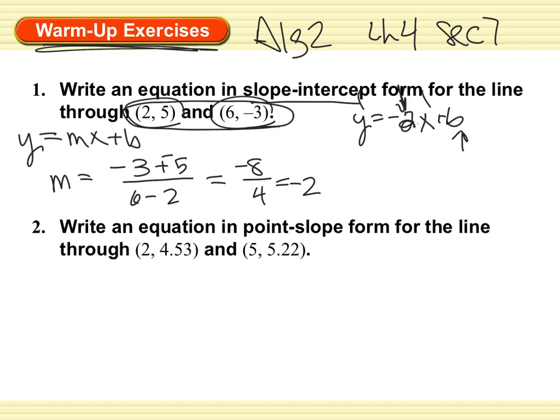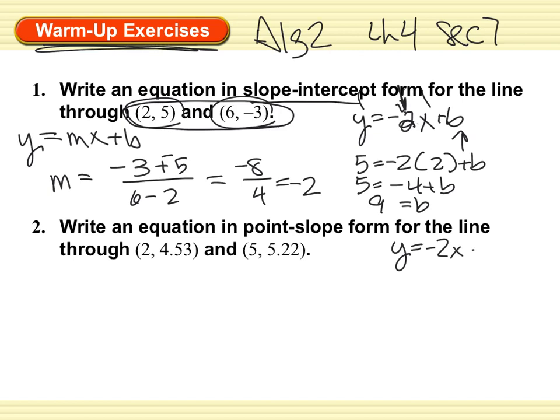So we're going to do (2, 5). So 5 equals -2 times 2 plus b. 5 equals -4 plus b. Add 4 to both sides. b equals 9. So now I have my equation: y equals -2x plus 9. All right, there we go. That's for this problem, right?